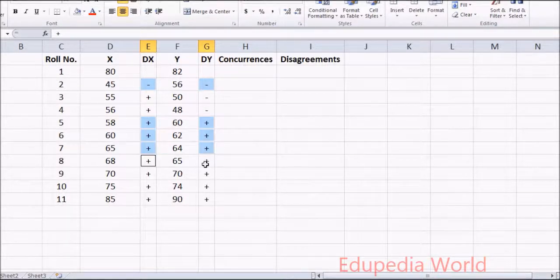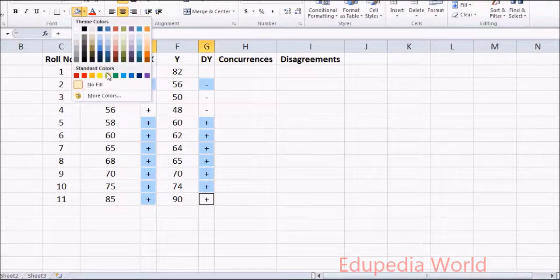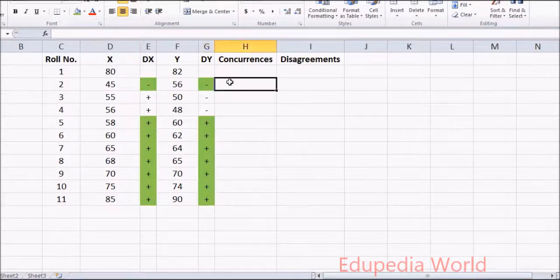So they are marked as the rows with concurrences, and let me use a color here for this, and mark all of these with a positive sign.